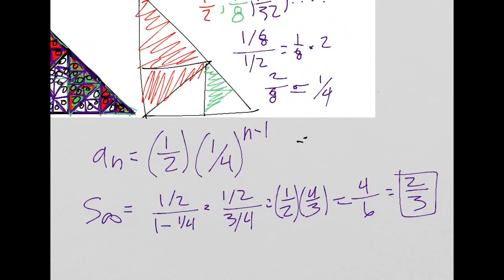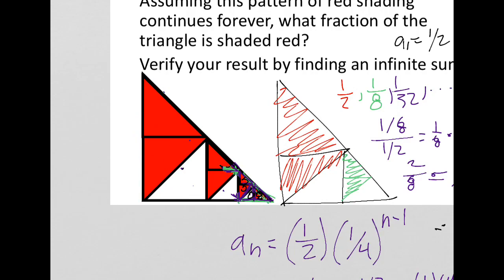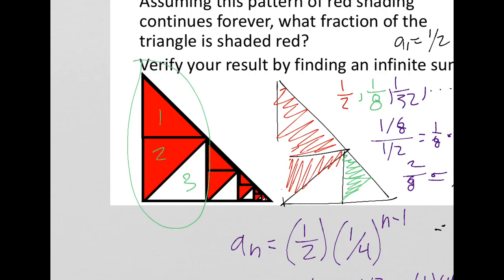And this verifies it mathematically, but we could look at it and we could actually figure out that it's 2/3 pretty easily just by being careful about how we look at pieces. So look at only that stuff right there. We see we have 1, 2, 3 pieces, and 2 of those pieces are shaded. And then look right there.